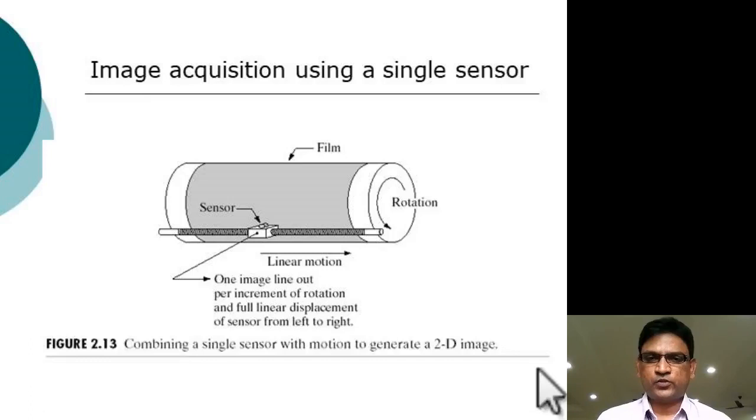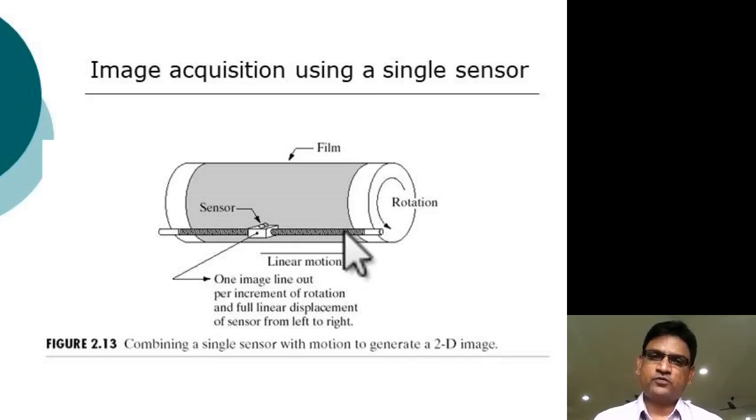So this is a procedure to capture a 2D image using a single sensor. Here the film is mounted onto a drum and the sensor is mounted onto a lead screw where there can be a motion from left to right. One time when the sensor moves from left to right, one line of the image around the drum will be scanned, and again we have to increment the drum by rotating one step, and again the sensor must move like this.